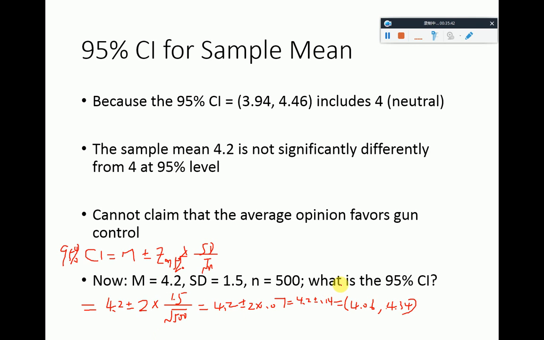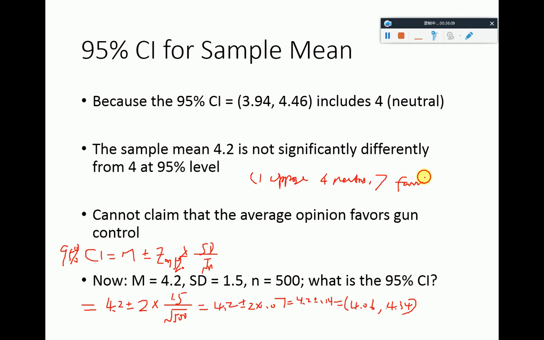Okay, so now I can ask you, given this confidence interval, can we say that the average opinion of this population is in favor of gun control? So this is our scale, right? 1 is oppose, 4, as we say, is neutral, and 7 is in favor of.